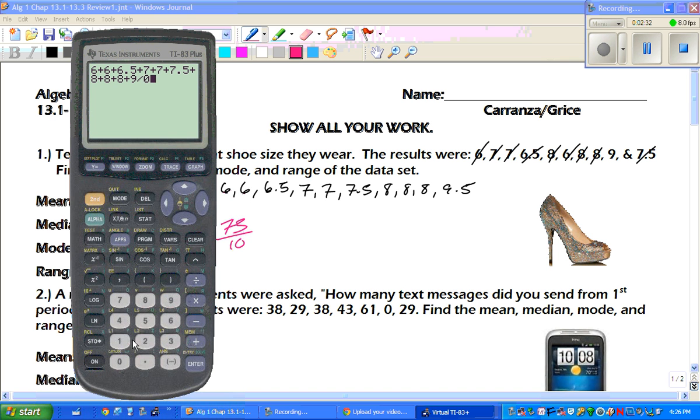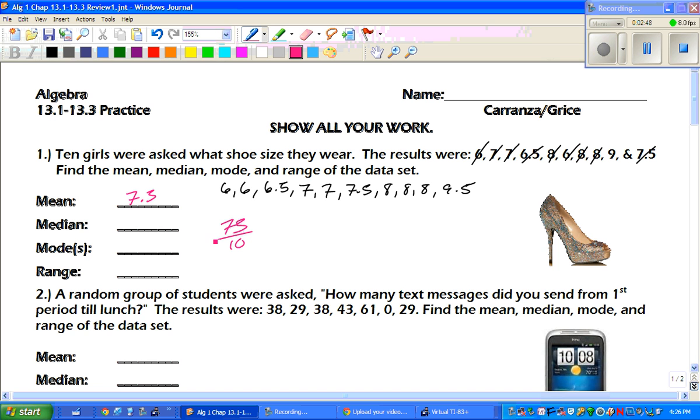If you hit divided by 10 like this and you're super lazy, it doesn't do it right, okay? Because of order of operations, it's going to do that 9 divided by 10. So you have to make sure to get the total first and then do it, okay?